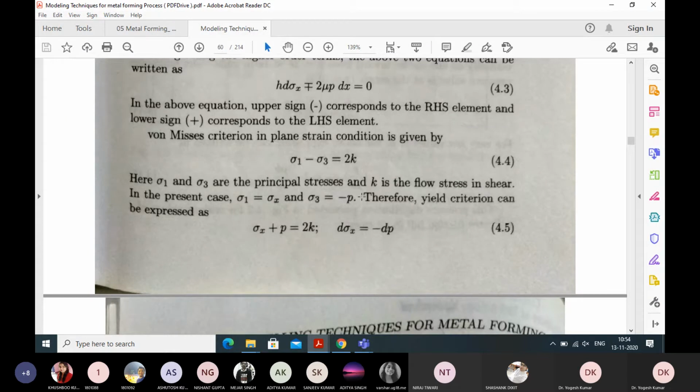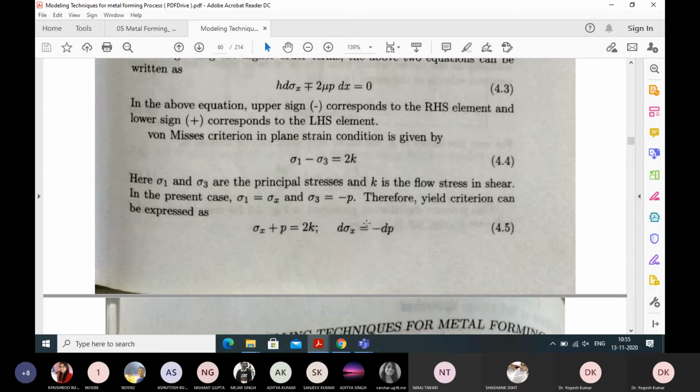If we put these values in the equation sigma 1 minus sigma 3 equals 2k, this becomes sigma x plus p equals twice k. If we differentiate this, this will become d sigma x equals minus dp.